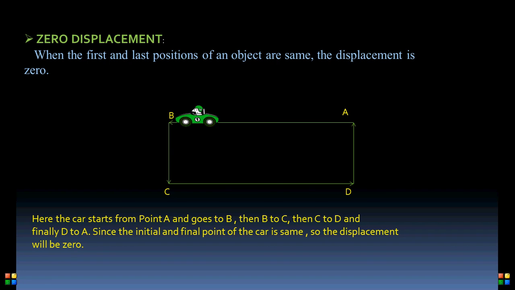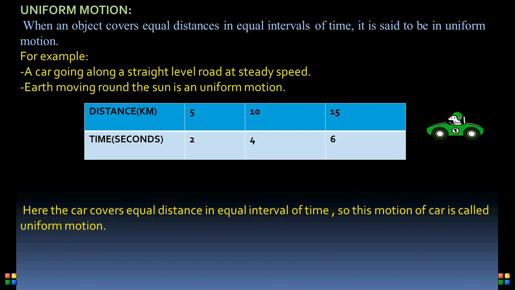Now we move further and talk about uniform motion. As per the definition of uniform motion, when an object covers equal distances in equal intervals of time, it is said to be in uniform motion. For example, let's say that we have a car here which covers 5 km in 2 seconds.